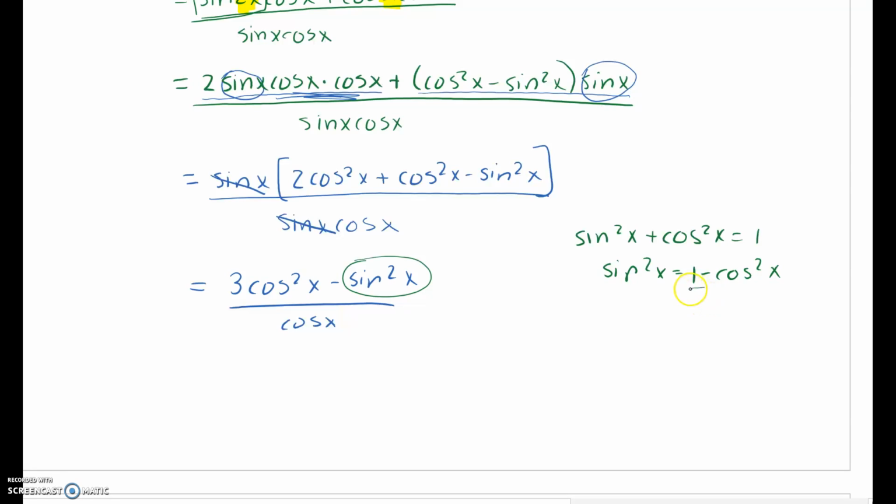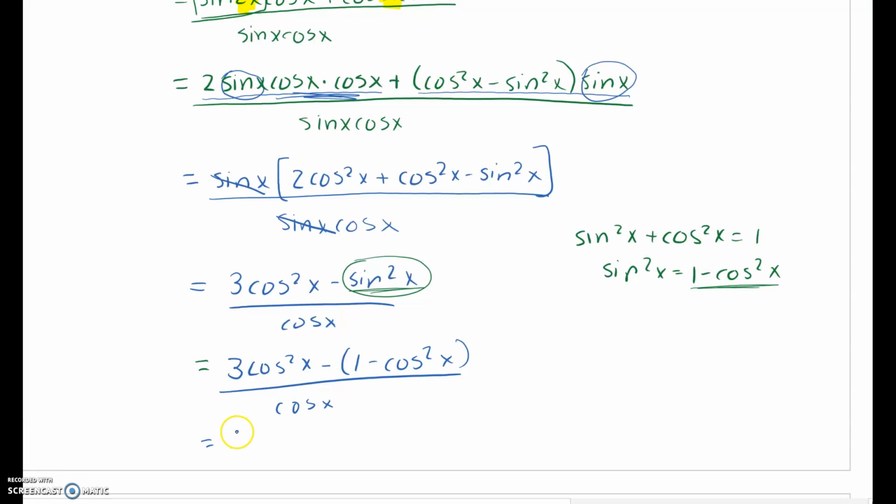So why don't I replace this sine squared with 1 minus cosine squared so that I have another one. So I have 3 cosine squared x minus 1 minus cosine squared x all over cosine x, which gives me 3 cosine squared x minus 1 plus cosine squared x all over cosine x, which is 4 cosine squared x minus 1 over cosine x.